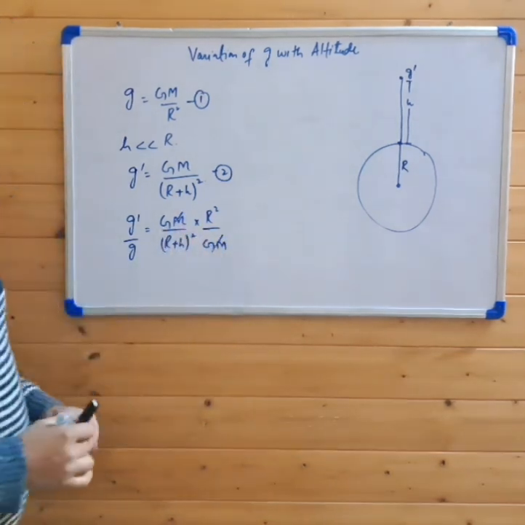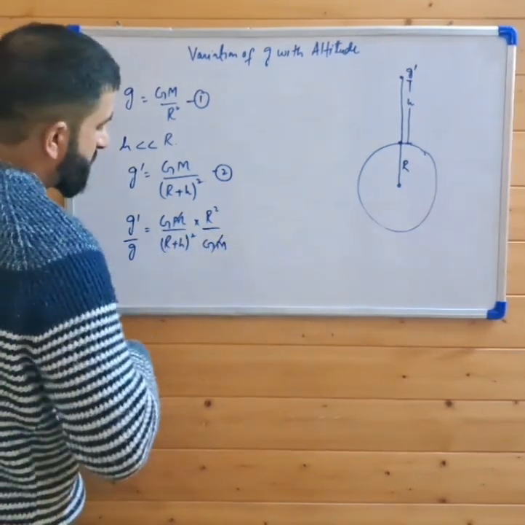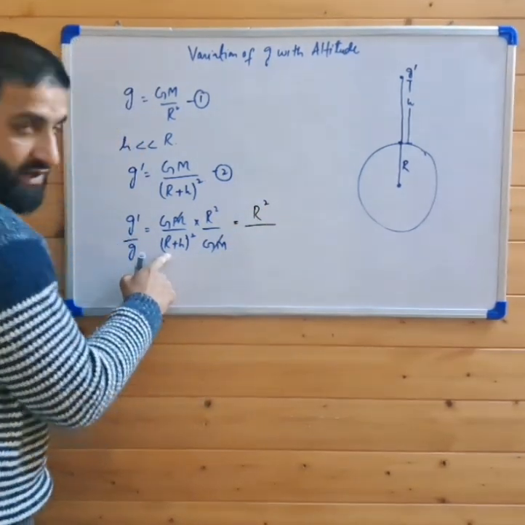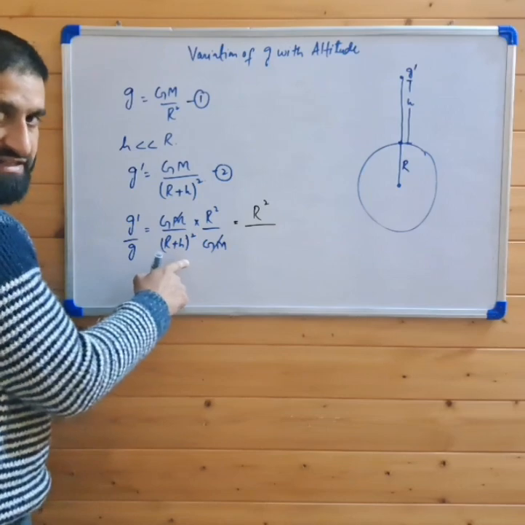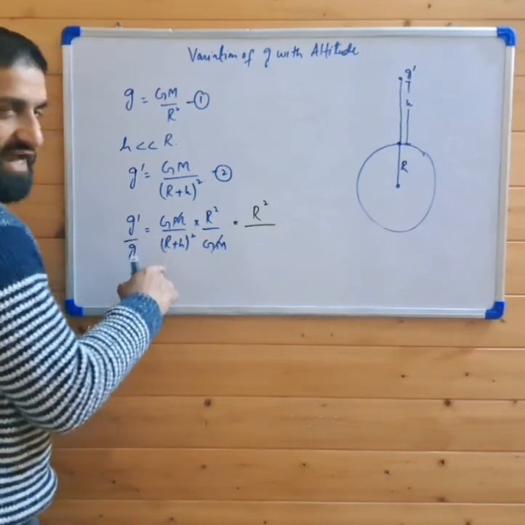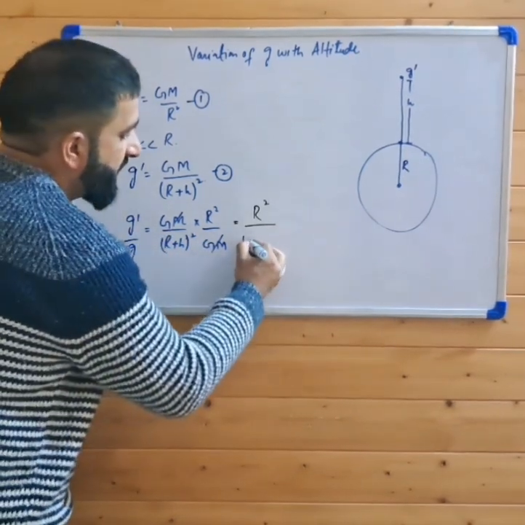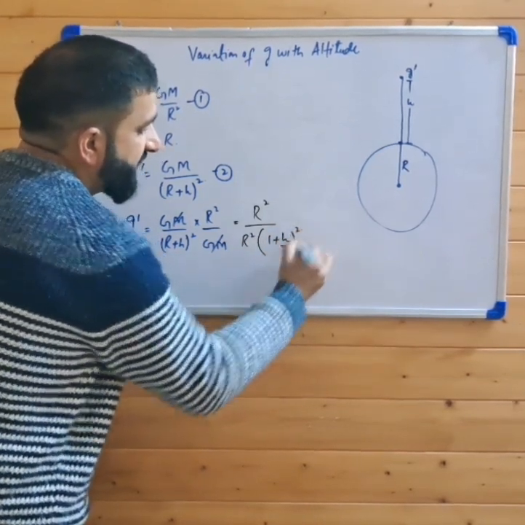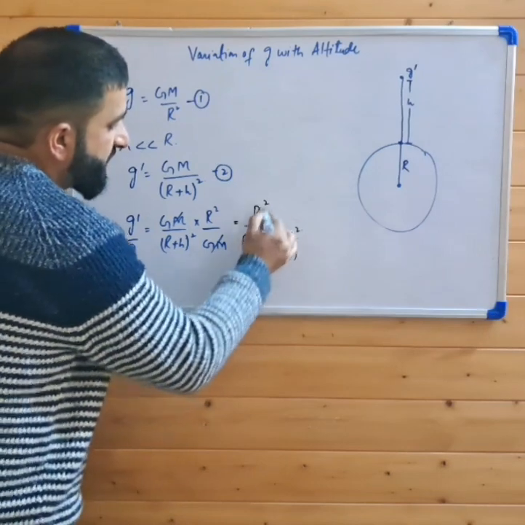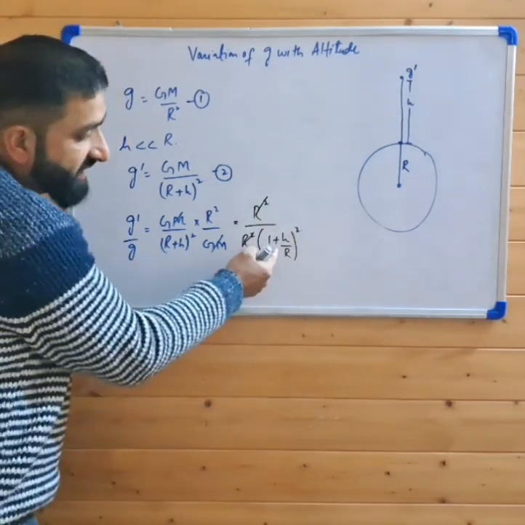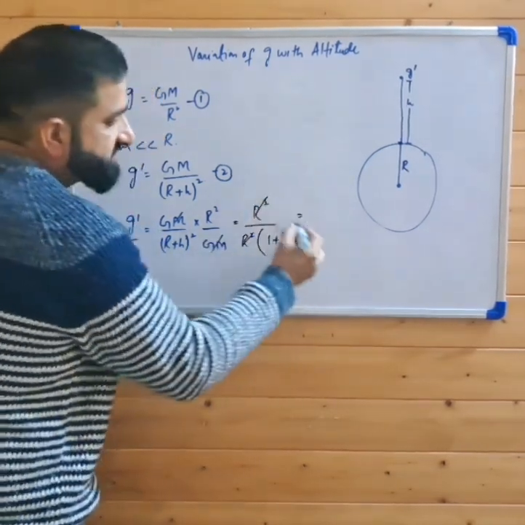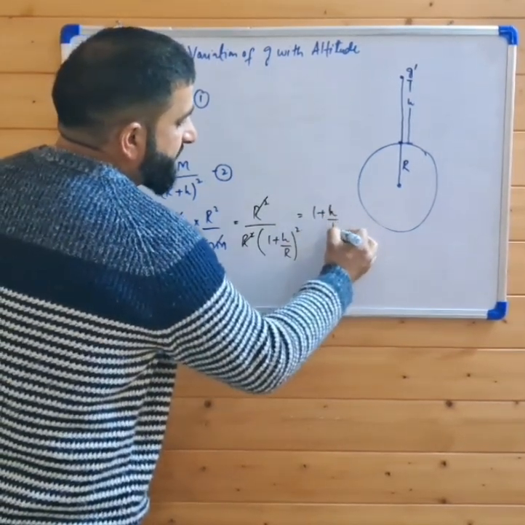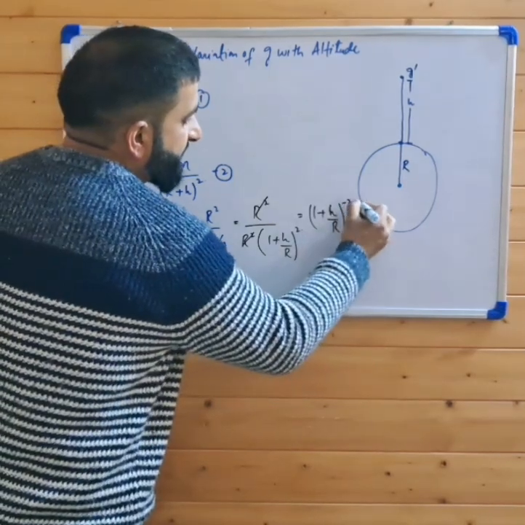Here GM and GM cancel out, so the numerator is r square divided by, if we take r common out of the bracket, r square into 1 plus h divided by r whole raised power 2. So r square and r square go. If we take this denominator to the numerator, the power becomes minus, so that becomes 1 plus h divided by r whole raised power minus 2.